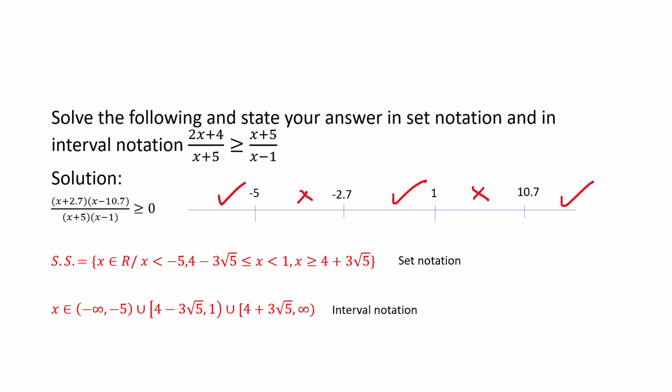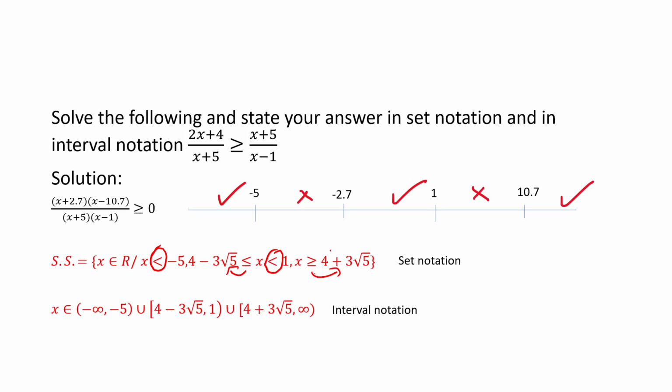Notice that we are not letting x equal -5, and we are not letting x equal 1, but we are letting x equal 4 minus 3 root 5 and 4 plus 3 root 5.